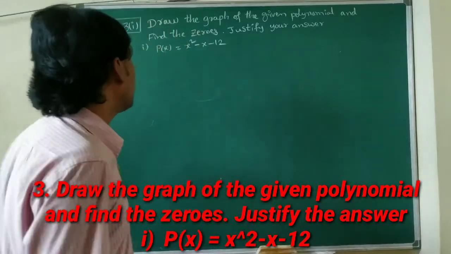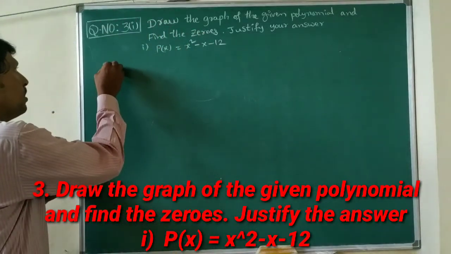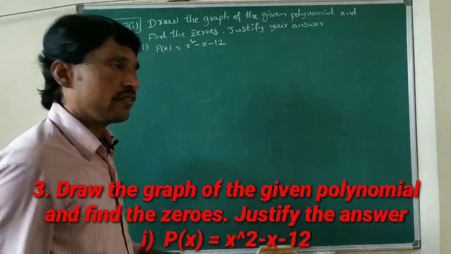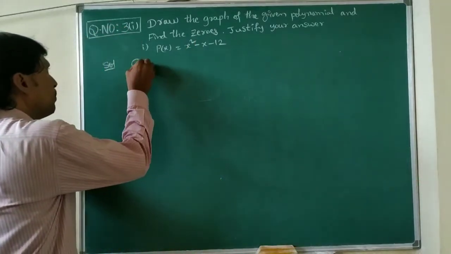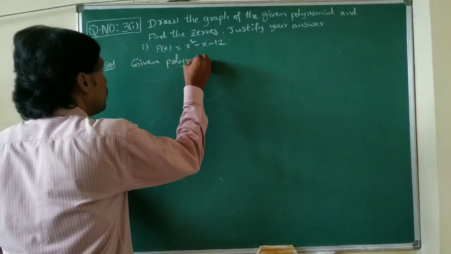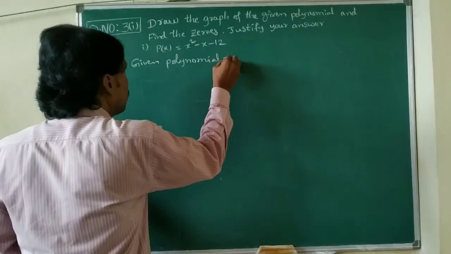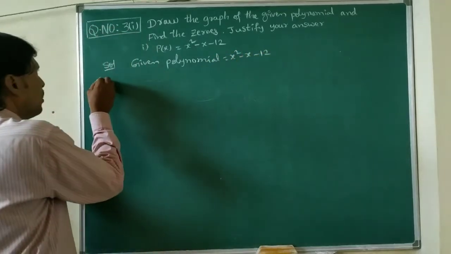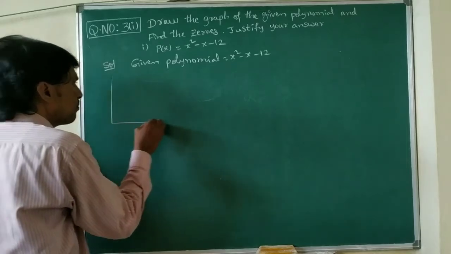So now first one you can see here, given polynomial is p of x equal x square minus x minus 12. Now we need to take the box.